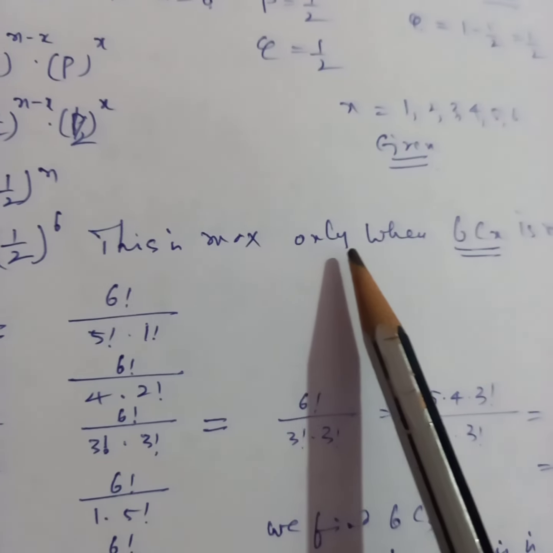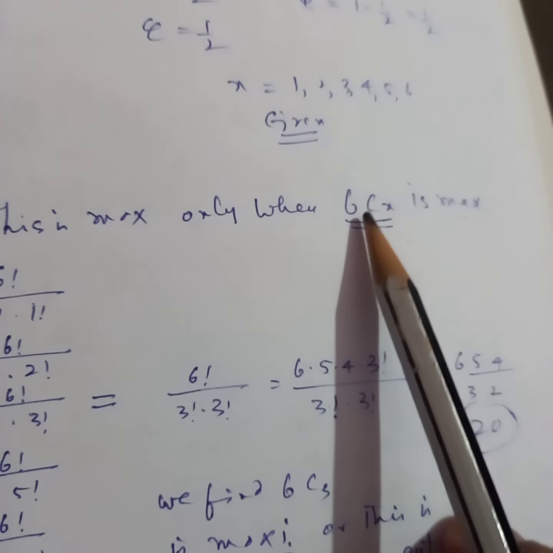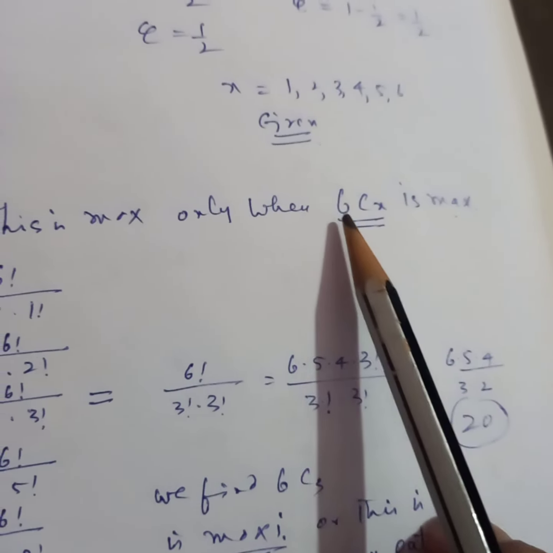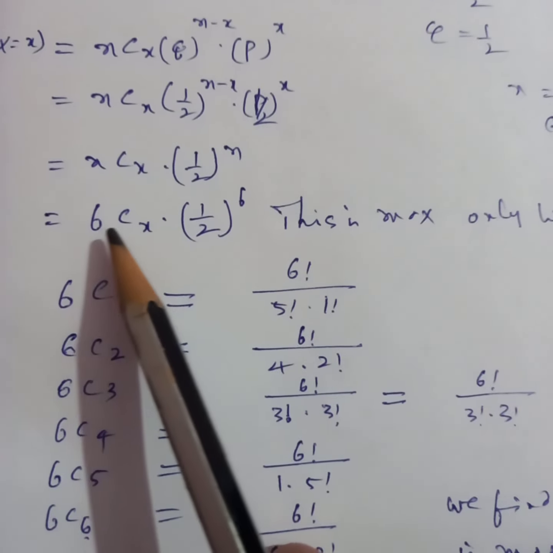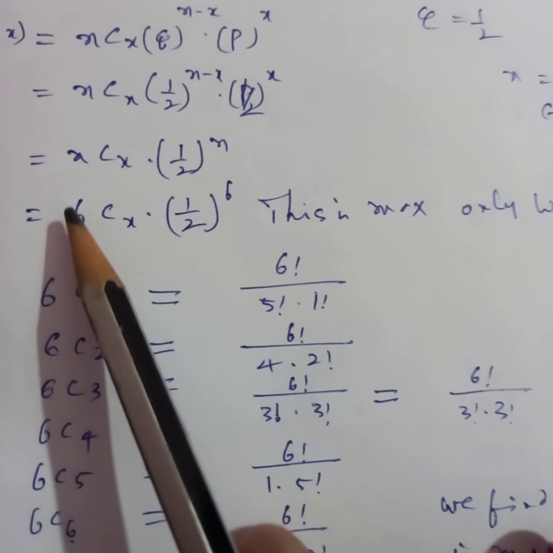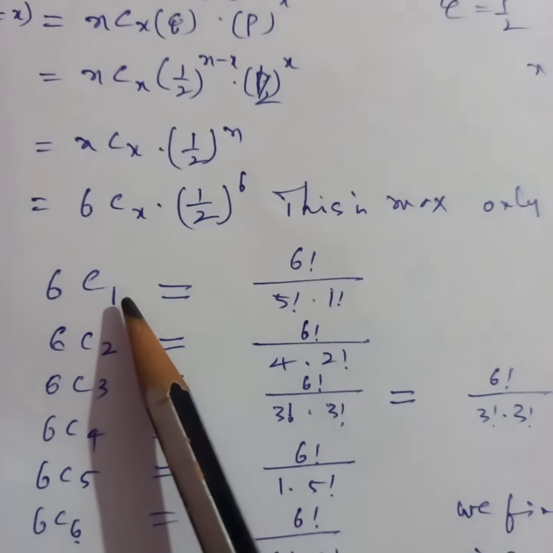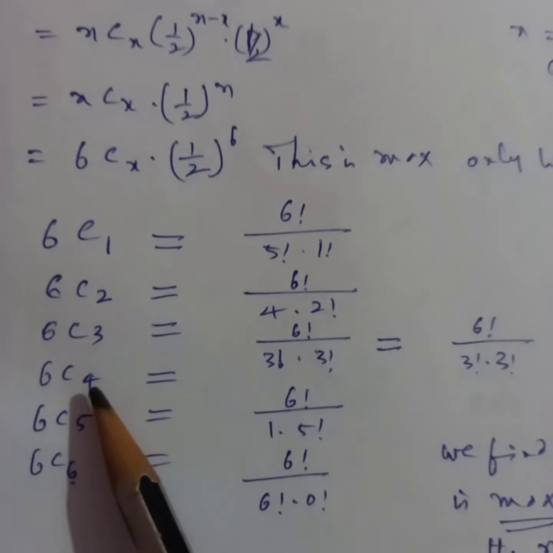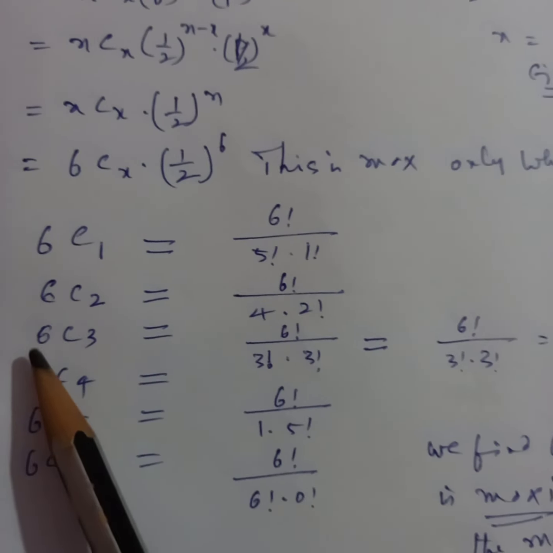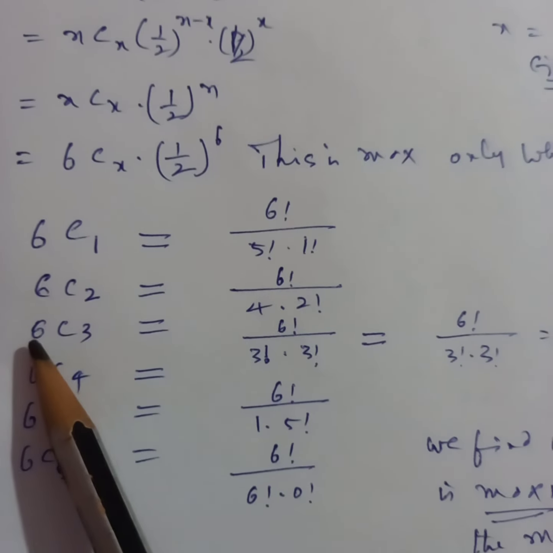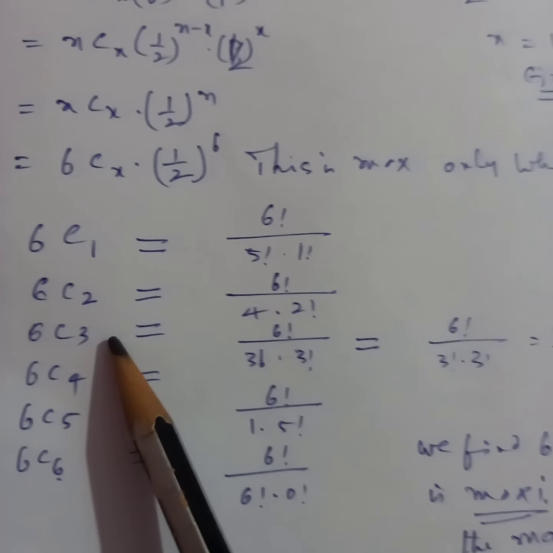This is maximum only if 6Cx is maximum. Now this 6Cx is maximum. So x takes values 1, 2, 3, 4, 5 and 6. Find out the value of 6C3.